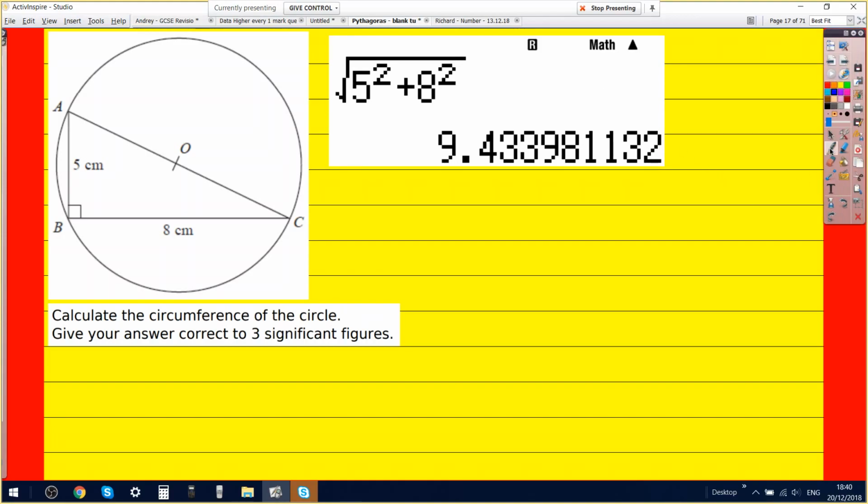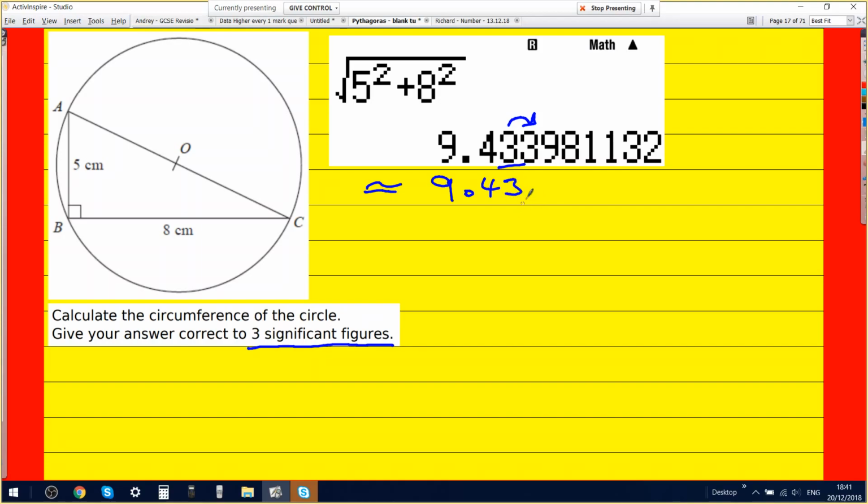What do we do now? 9.4, 4. Would it be 9.44? The number after the next one is lower than 5. 9.43. That's it. 9.43. 3 sig fig. 1, 2, 3.